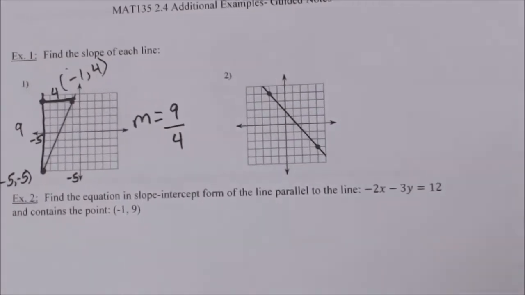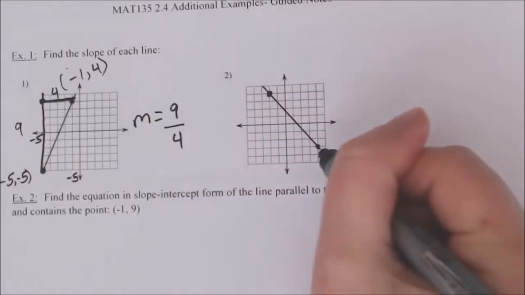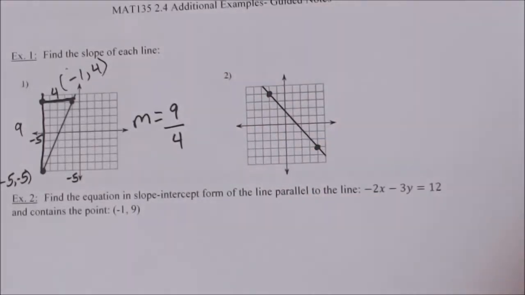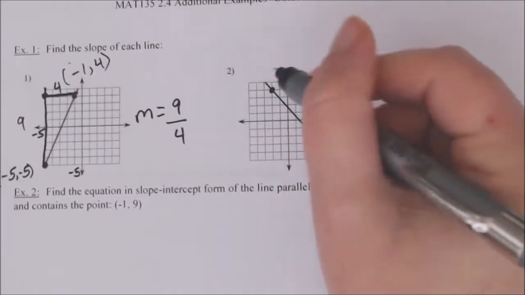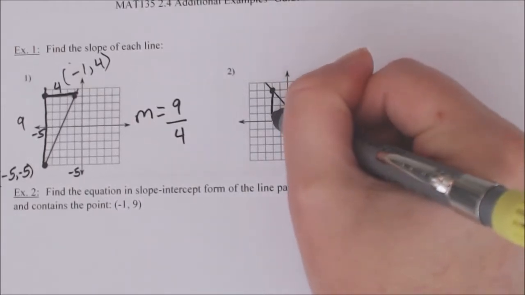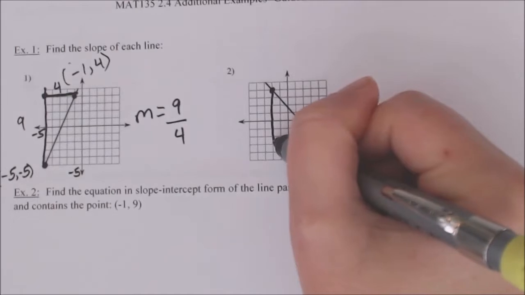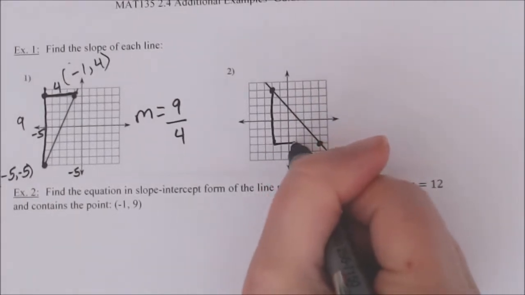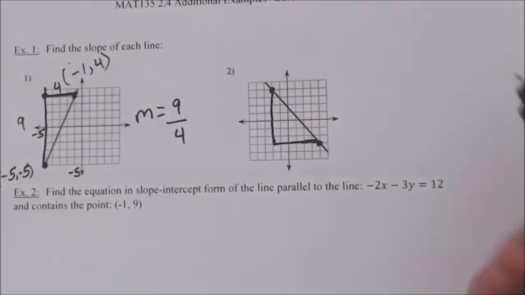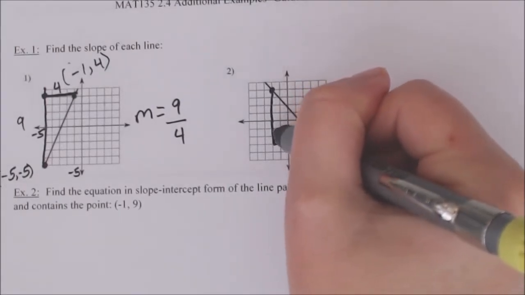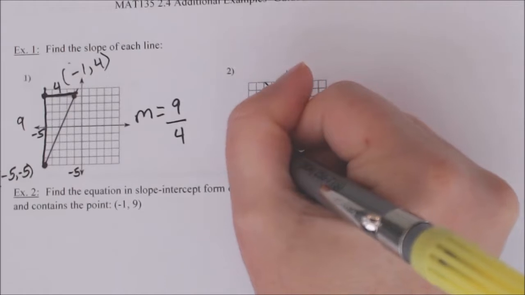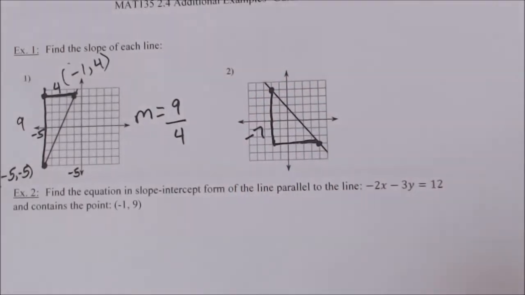Let's look at the next picture. So we've got a point here, and then we've got a point here. You want to start on the one furthest to the left. So from here, because it's got a negative slope this time, I'm going to go down until I'm in line with the other point. Looks like it's right about there. And then we're going to run, always run to the right. So I went down, let's see, 1, 2, 3, 4, 5, 6, 7. So that's going to give me a vertical change of -7.